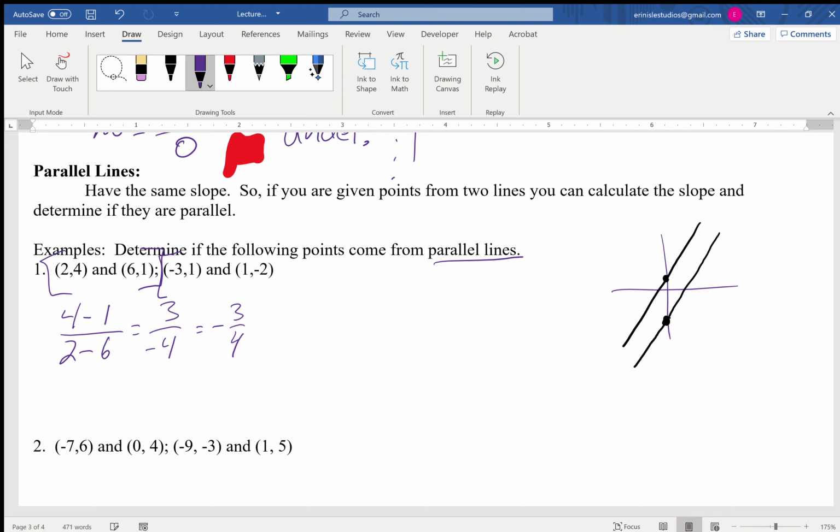So now we're going to do the other one. So we have 1 over negative 3 minus a negative 2 minus a 1. So this is plus a positive, this is plus a negative. So 1 plus 2 is 3 over negative 1 plus negative 3 is negative 4. So yes, they are parallel.